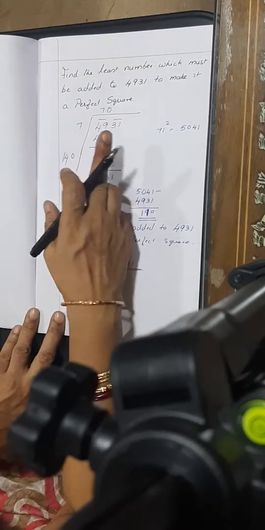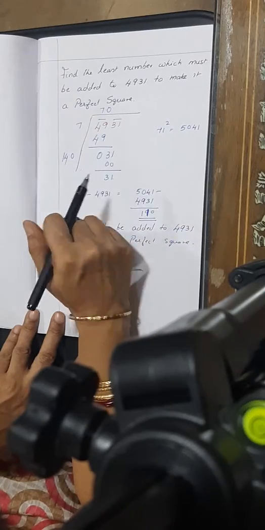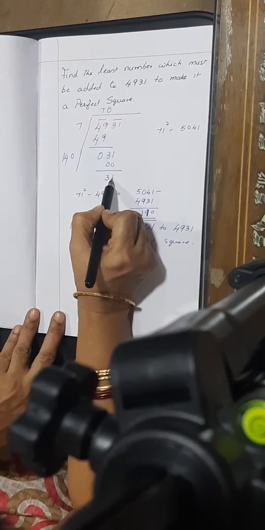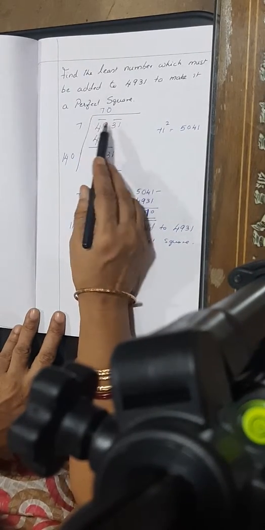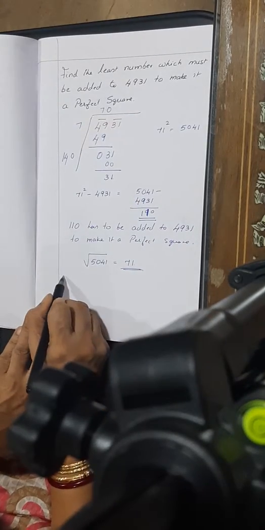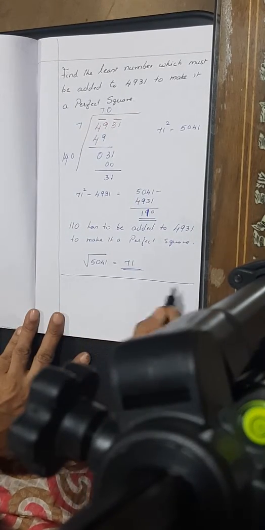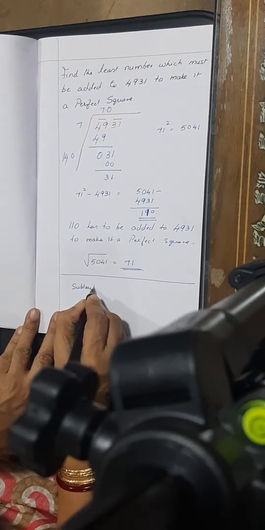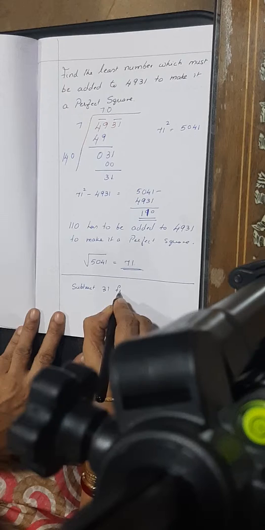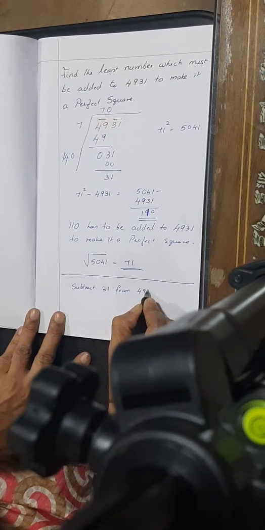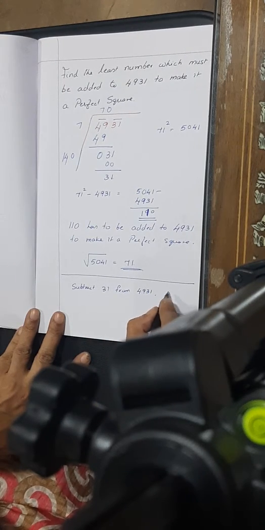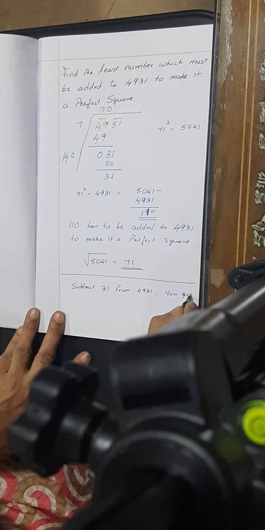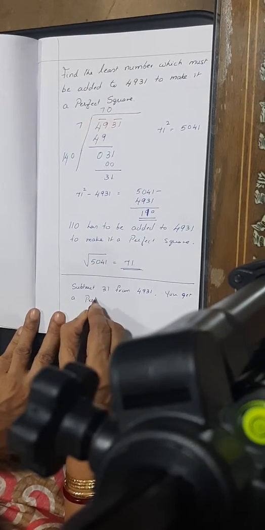Same question, if they ask you to find what number should be subtracted, you should subtract 31 from 4931. So you subtract 31 from 4931, you get a perfect square.